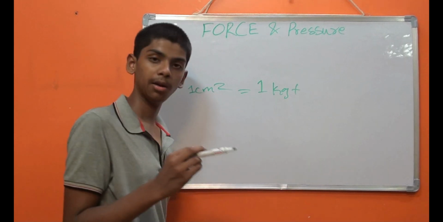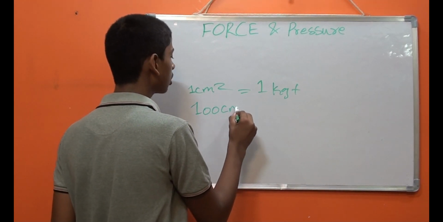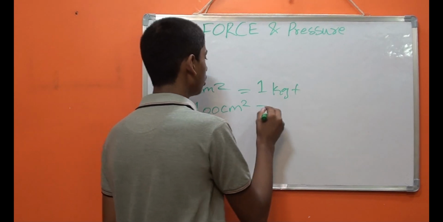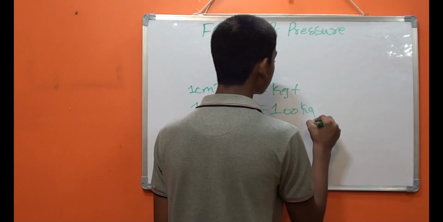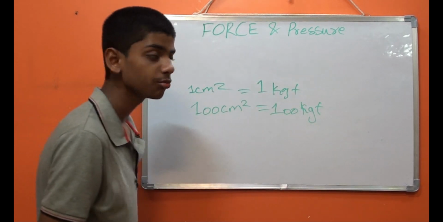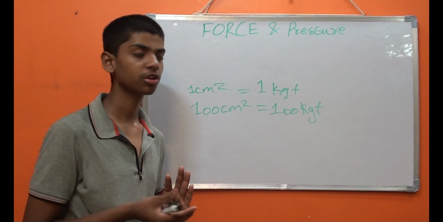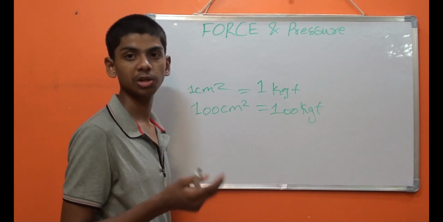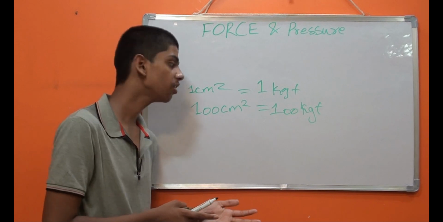Your hand may be approximately 100 centimeter square. Then the hand would be experiencing 100 kilogram force, which means like 2 to 3 people of your age would weigh that much, but your hand wouldn't feel it.